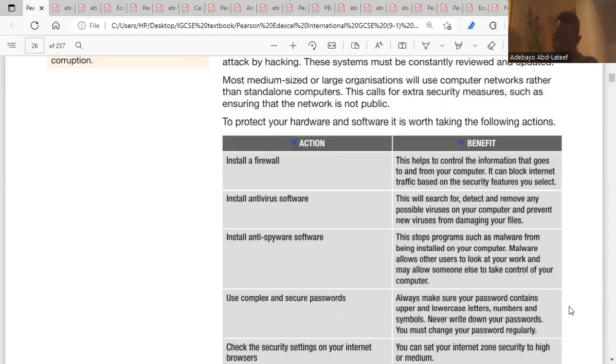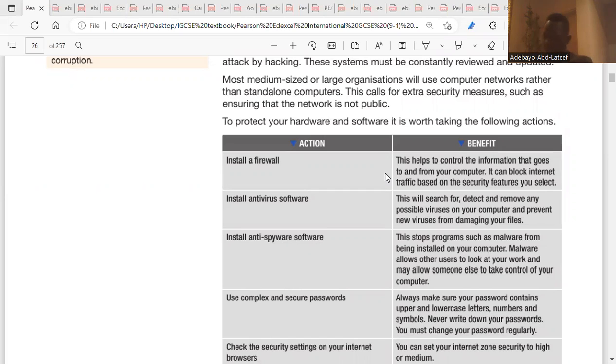Two, another way to protect the hardware and software of your accounting system is to install antivirus software.